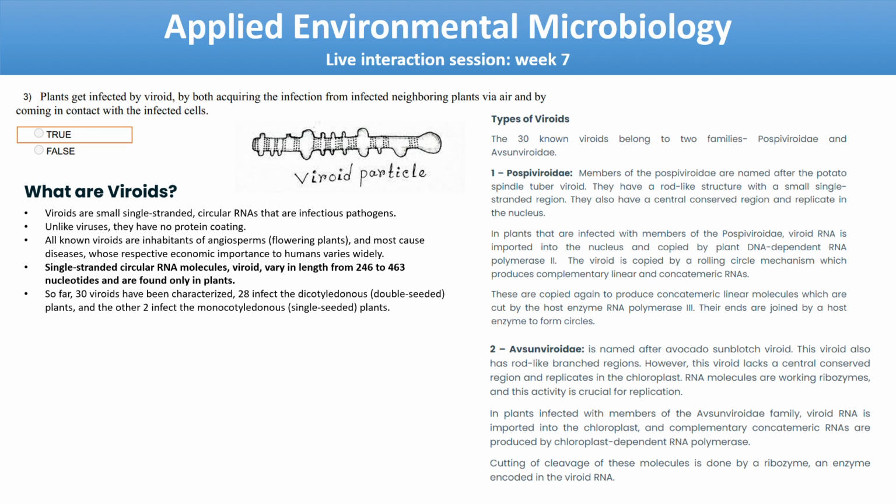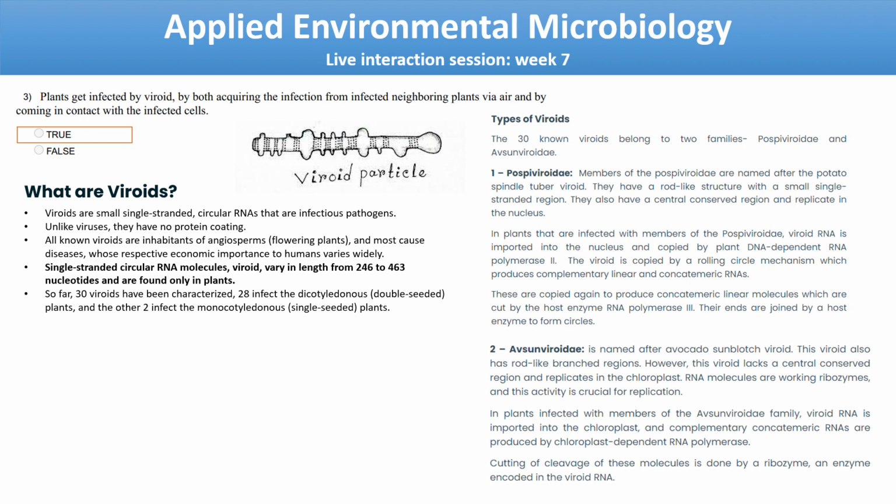So about 30 viroids have now been characterized, and 28 of them are known to infect dicotyledonous, that is double-seeded plants, whereas the other two infect monocotyledonous, that is single-seeded plants. Now let us see what the two main families of viroids are. One is Pospiviridae.